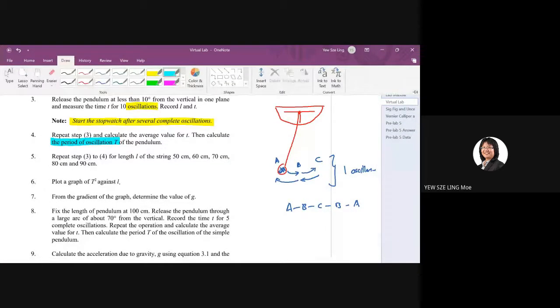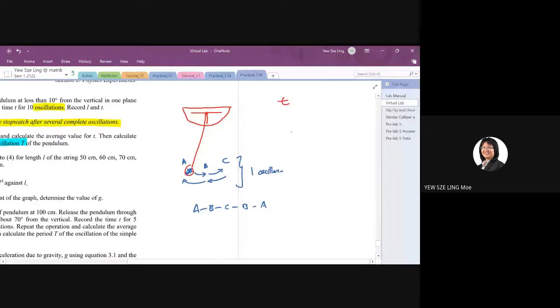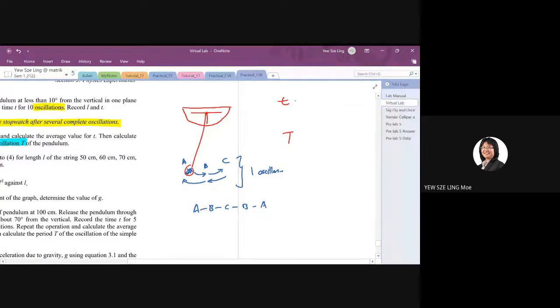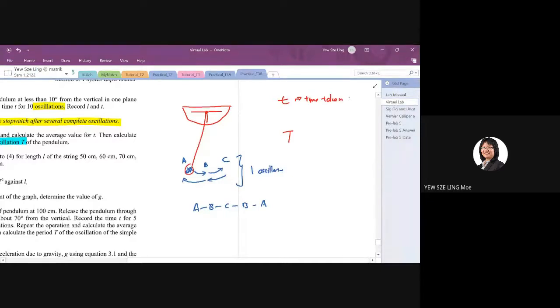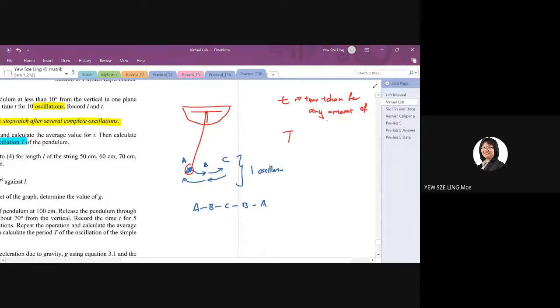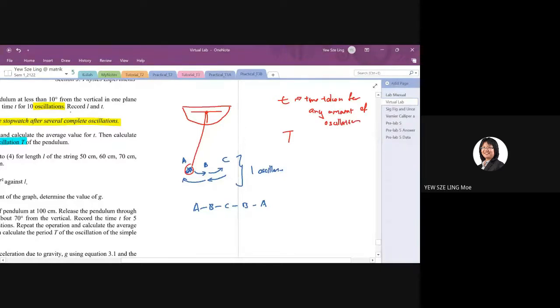If you recall what we learned in our lecture, what is the difference between small letter t and capital letter T? Small letter t is the time taken for any number of oscillations. For example, just now you had 10 oscillations. So for small t, you record the time taken for 10 oscillations.